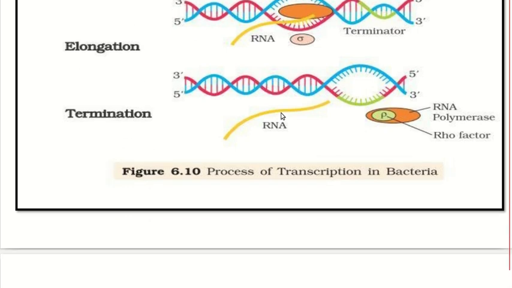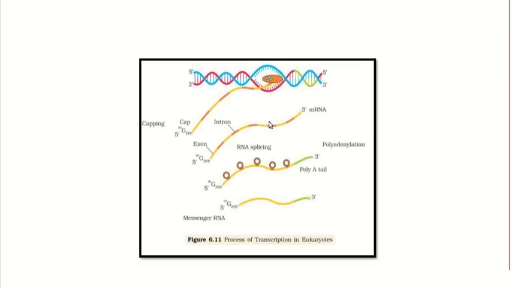Eukaryotic transcription is different, wherein you have the formation of a G cap, and there are exons and introns. All the introns are removed and the exons combine, and this process we call RNA splicing. And finally you get the mature eukaryotic mRNA with a G cap and a polyadenine tail that you can notice.